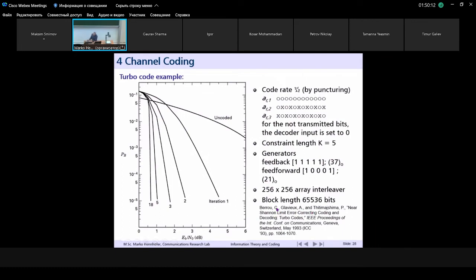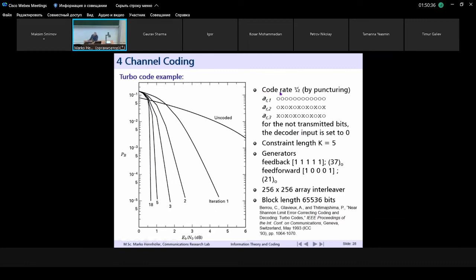So it's somehow difficult to find examples that are not too difficult, but still give you some insight on what is going on. In this publication by these French guys, or also Japanese, obviously, we have an example of the performance of these turbo codes. Let's have a closer look at this one.